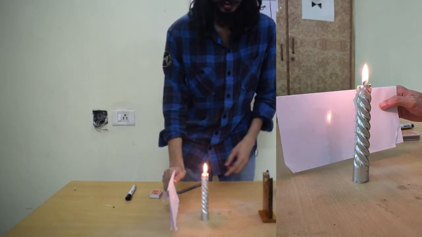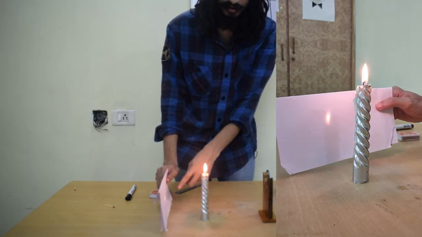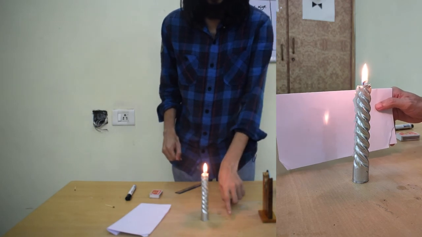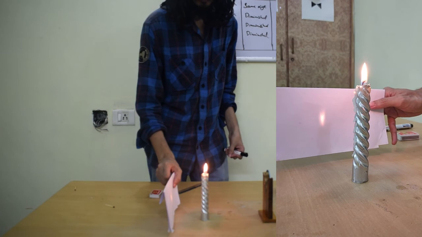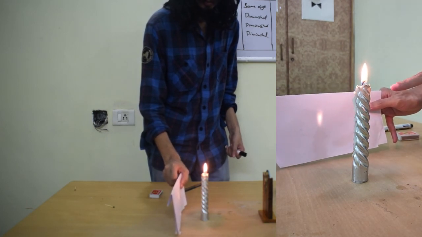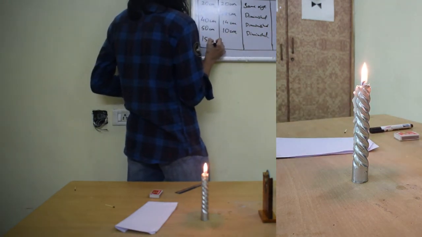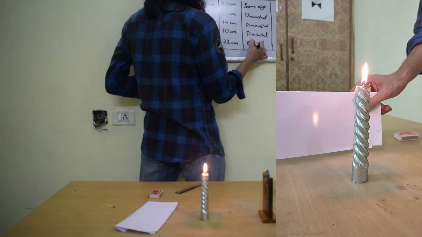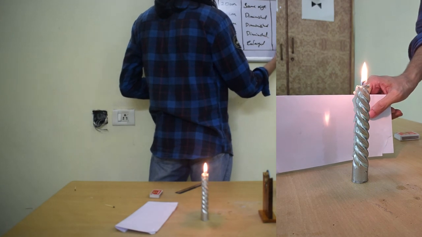And it's also slightly bigger than the object. This is the object, this is the image. The image is slightly bigger than the object. So for about 15 centimeters, I had my image at 23 or 24 centimeters. It is an enlarged image, right? And this is also inverted.